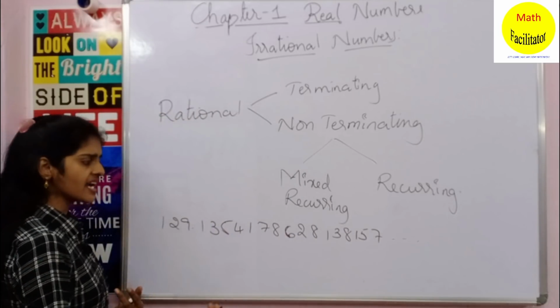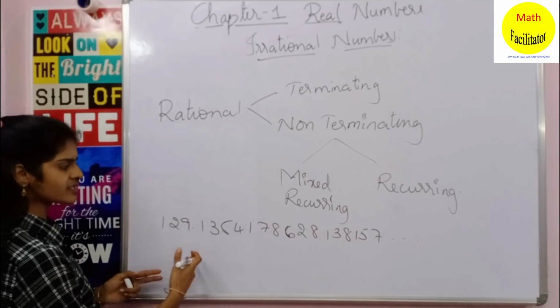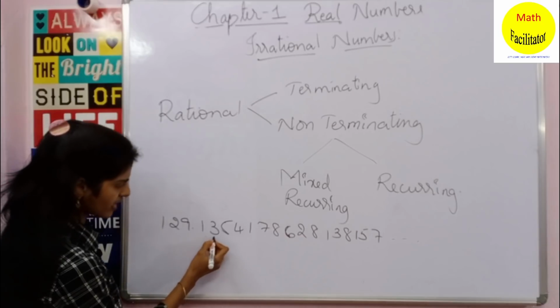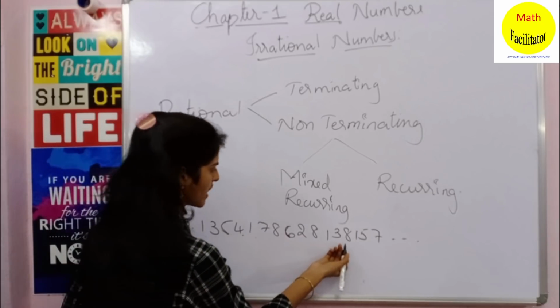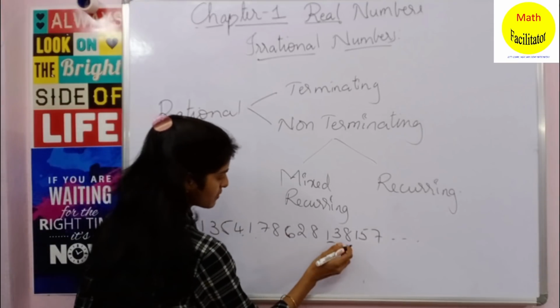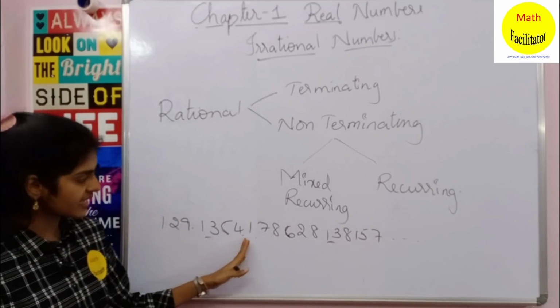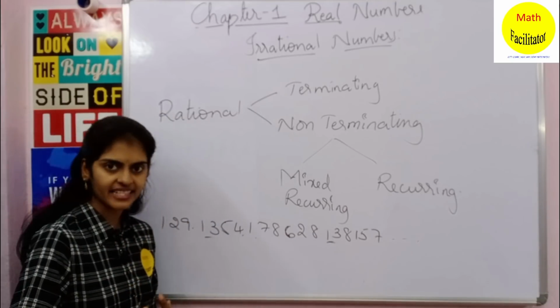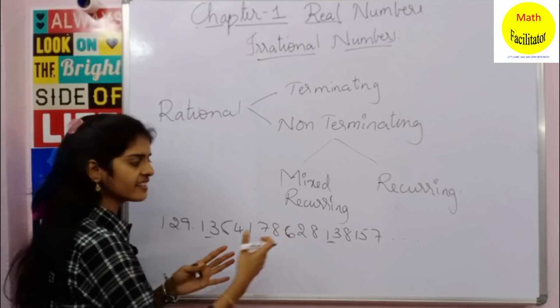But at the same time you can see that there is no repeating decimal here. There is no pattern. You can see 1354178628138157. So you can see 13 and 13 is repeating, but after 13 you have 54 here and it is 8157 and so on. So there is no fixed pattern in this. There is no recurring decimal in this.